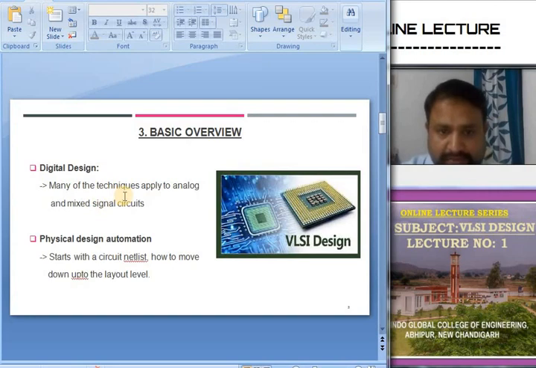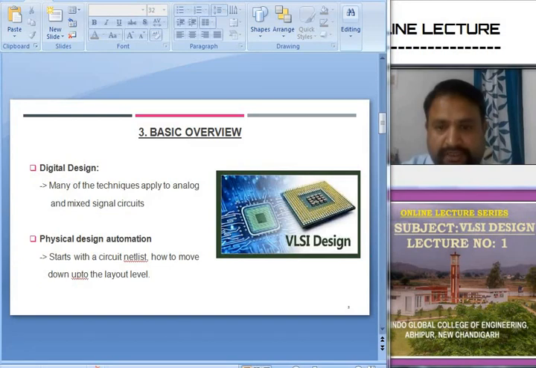So digital design means, as you know, that we are only considering circuits and subsystems which work on digital signals. So you can say in this topic of digital design, we are considering various parameters related to digital design.